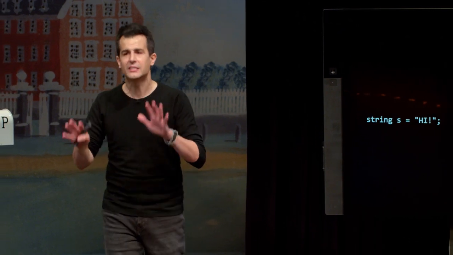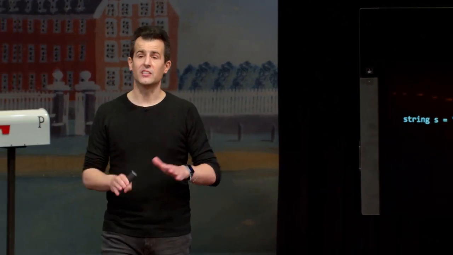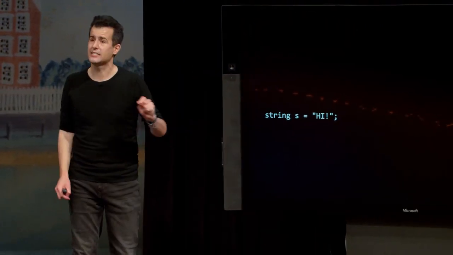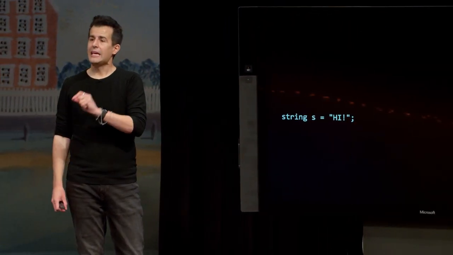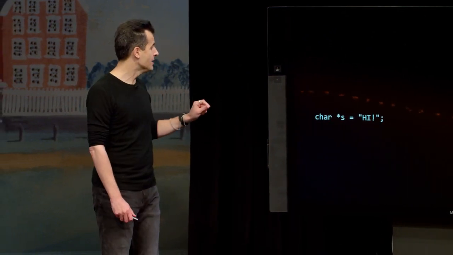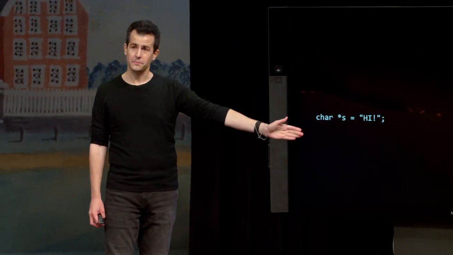And strings do exist in C. They do exist in Python, in JavaScript, in Java, in C++, and many, many other languages. This is not a CS50 term. But string technically does not exist as a data type in C. It instead is more cryptically and more low-level known as char star.